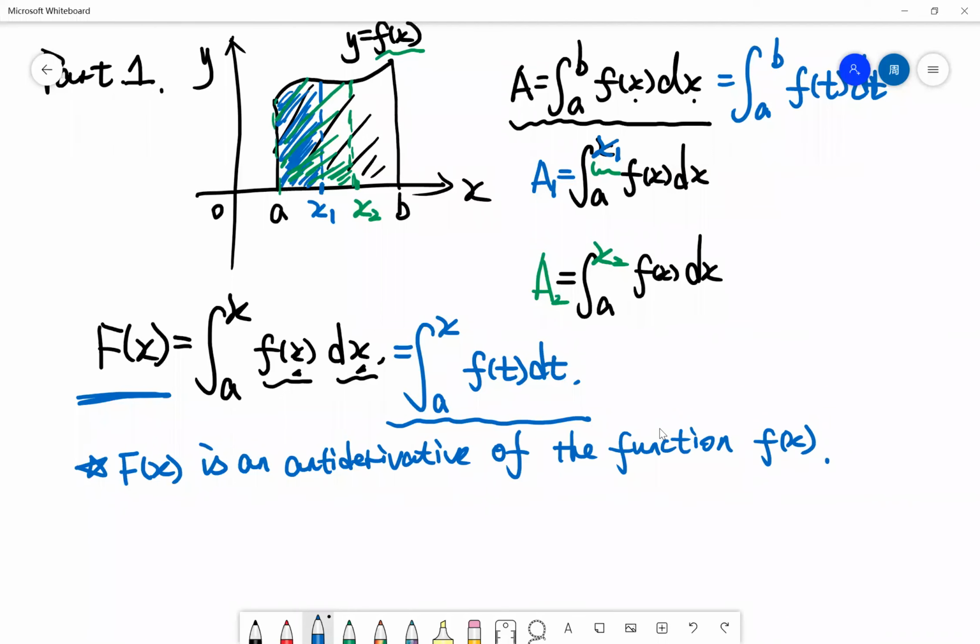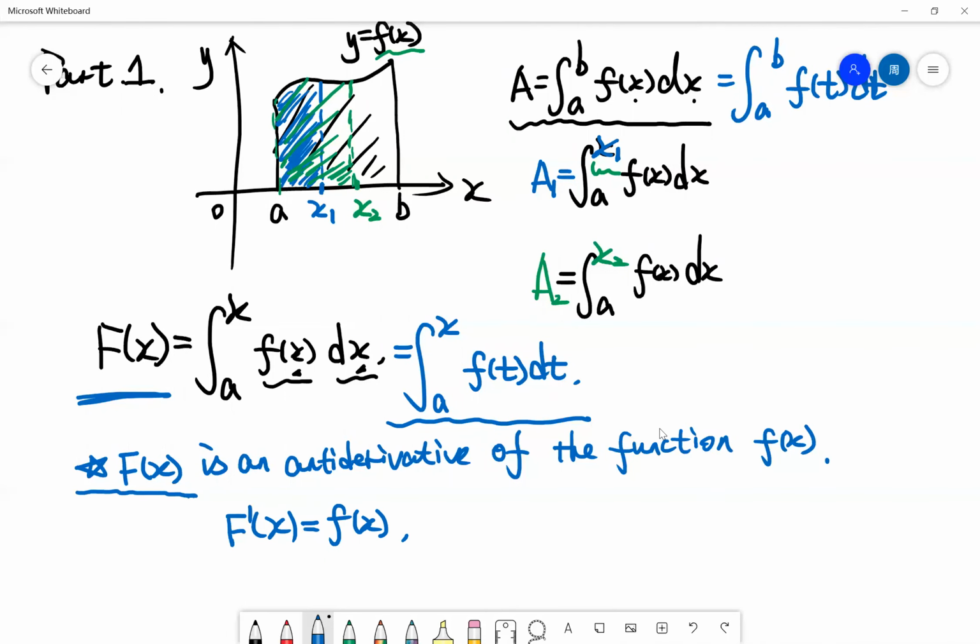This is the key point. Capital F is an antiderivative of the function f of x, and that means capital F prime equals f of x.